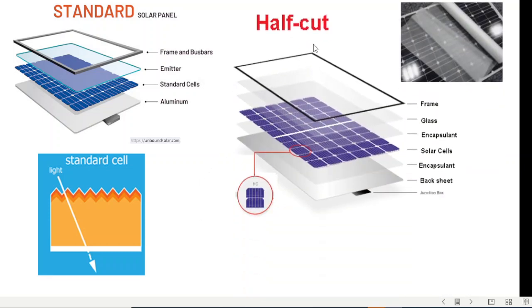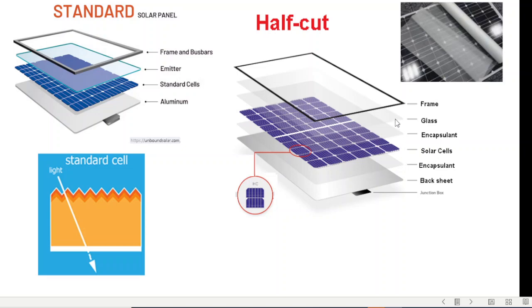Now somebody thought of modifying this by dividing the cells into two parts. When the cell is divided into two halves and arranged in parallel, the current in each cell is half of the total current. So half here and half here. Because the current is reduced in the half cell, the losses due to the current will be reduced, and so there will be an increase in efficiency.